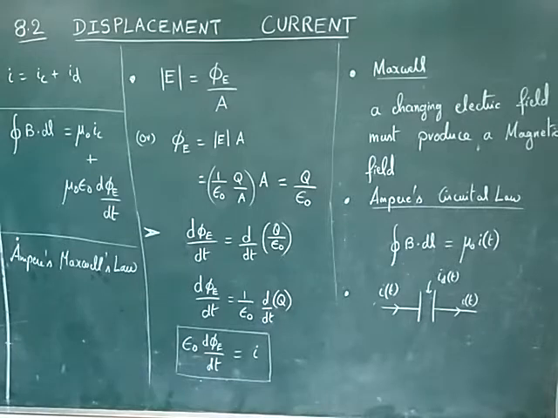That means the integral of magnetic field into dl is equal to mu naught into conduction current plus mu naught epsilon naught, both constants, into the rate of change of electric flux. These two terms put together is called Ampere's Maxwell's law.